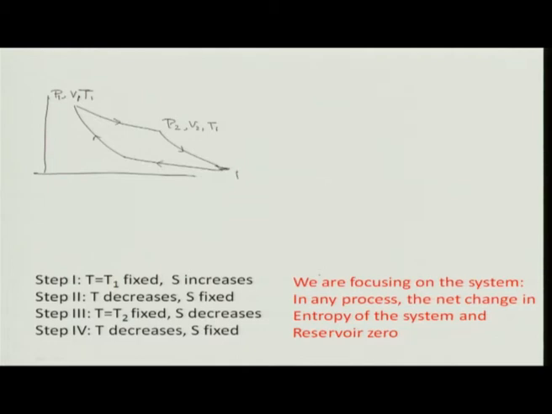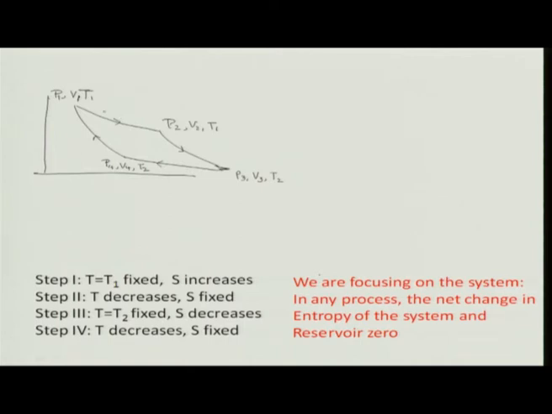So, that takes me to P3, V3, T2. Here I reach the temperature of the cold reservoir. Then there is a contraction which takes me to P4, V4. This is again an isothermal process. This is T2. Then an adiabatic contraction takes me back to P1, V1 and T1.